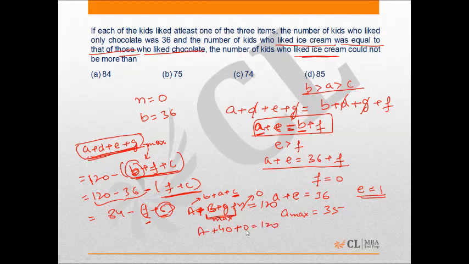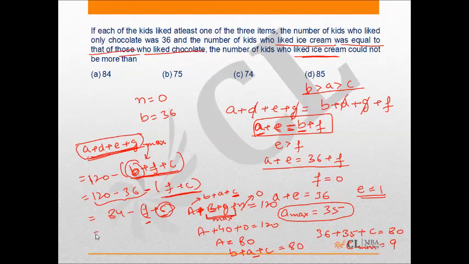So from here I will get A as 80, okay, and this B plus A plus C is equal to 80. I know the maximum value of A is 35, right, and B is given as 36. This is 35 plus C. Now this will give me the minimum value of C, which is equal to 9.